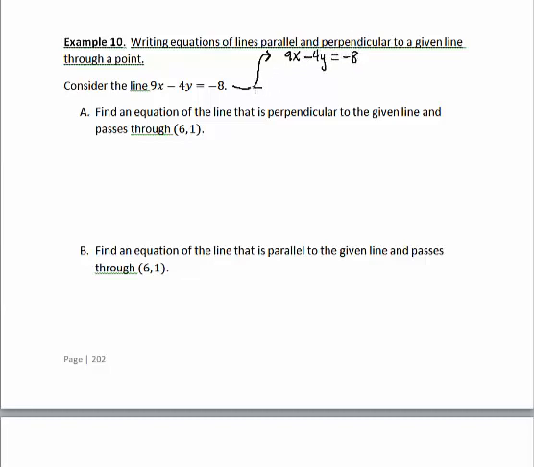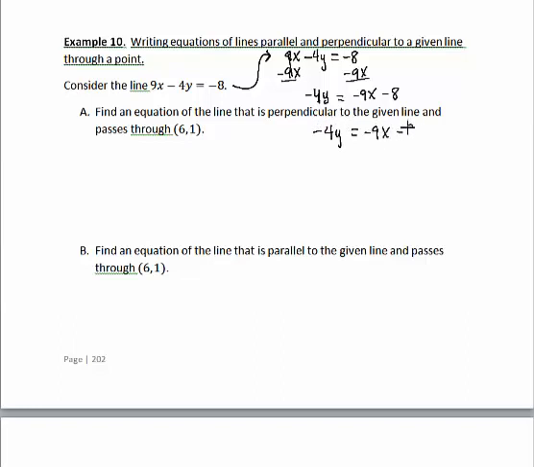So the easiest way to do that is to put it in slope-intercept form. We move everything away from the y, so we subtract the 9x from both sides first. We end up with negative 4y equals negative 9x minus 8. Now we take this equation.